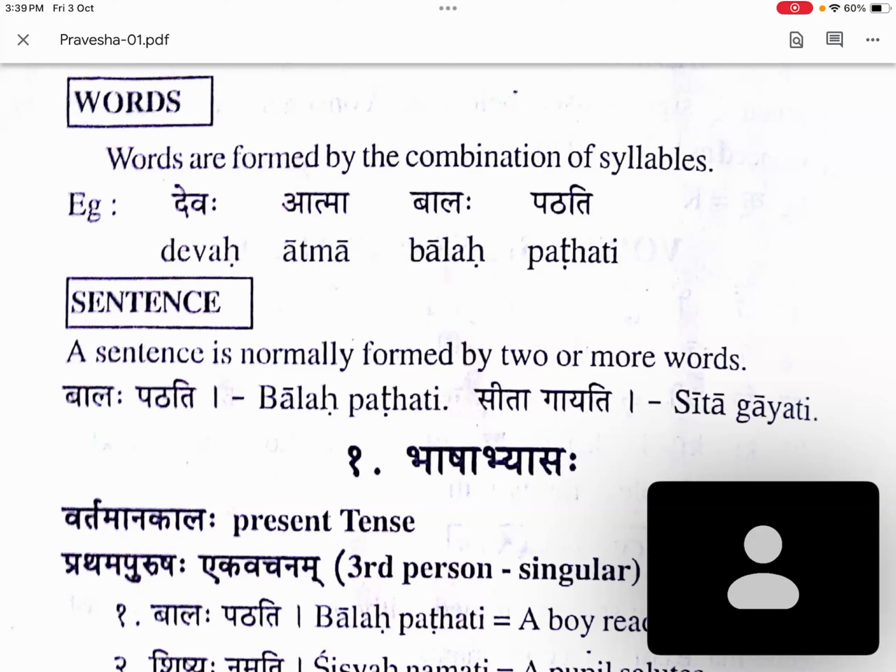Balaha, patati. See, whenever there is a visarga, now I told you there are 4 ayogavaha. In that, one is anuswaram, one is visarga. The third one, now we will see. Whenever the visarga comes before pa and pa, there will be a pronunciation change.